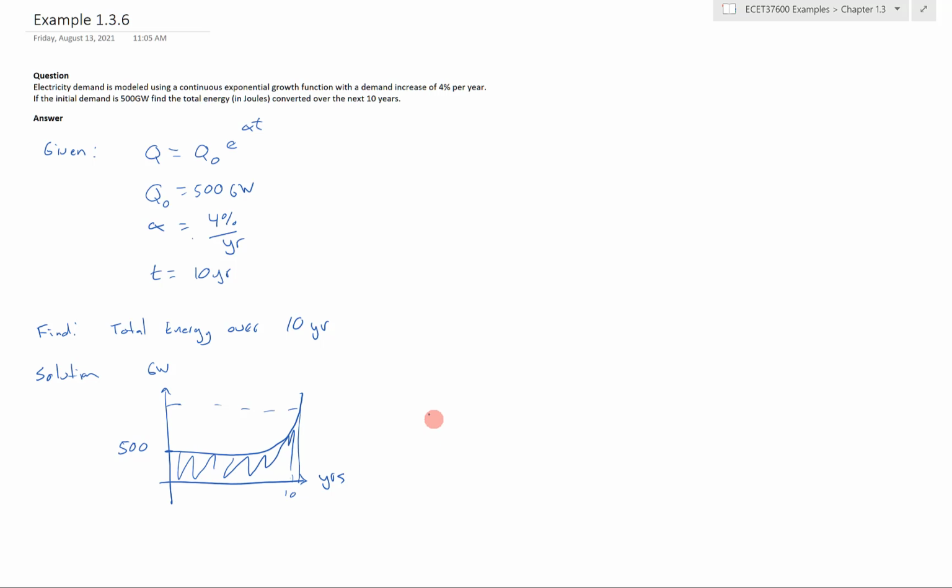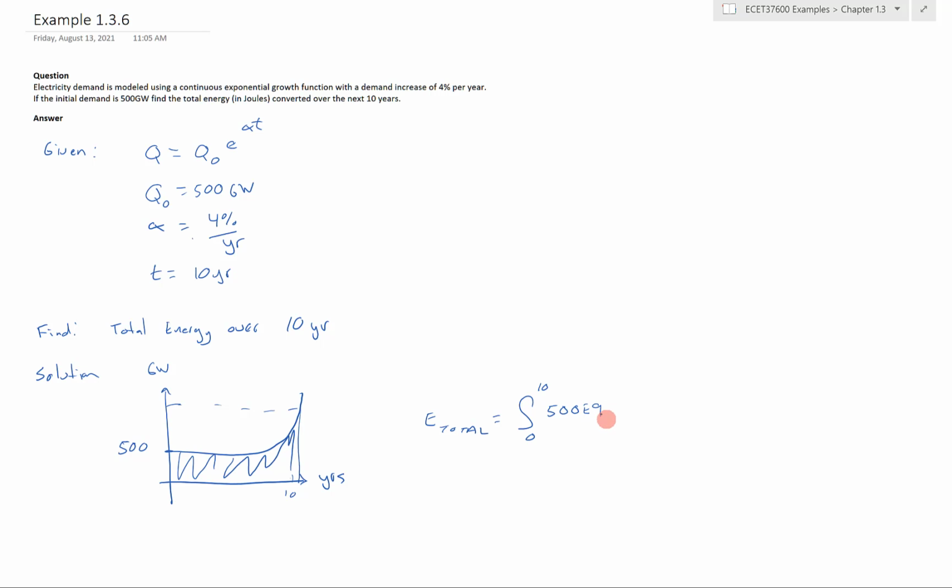So the total energy over the 10-year span is the integral from the start time, which in this case is going to be year 0, up to the end time, which is year 10, of the function, the model that we're using, which is given up here. So we need to integrate Q0 e to the alpha t. I'll just go ahead and plug those numbers in. 500 e to the 9th watts, right?